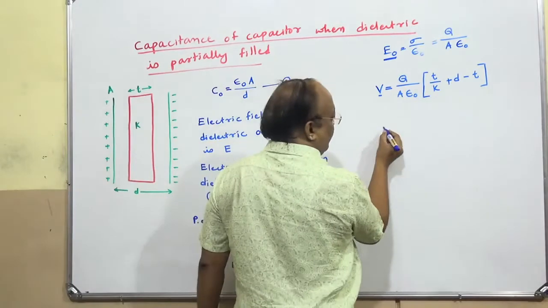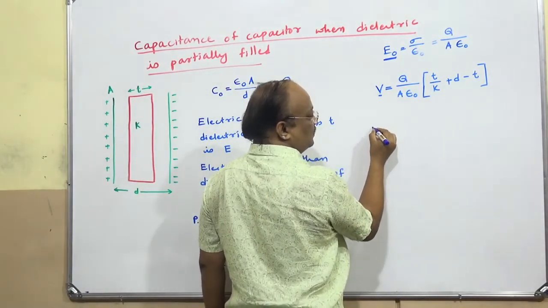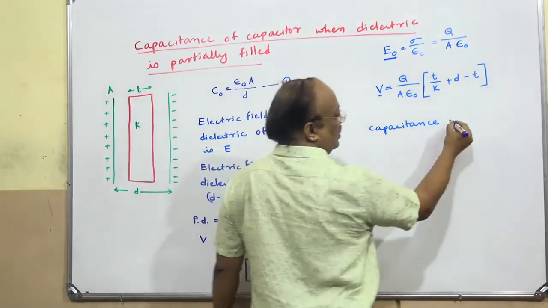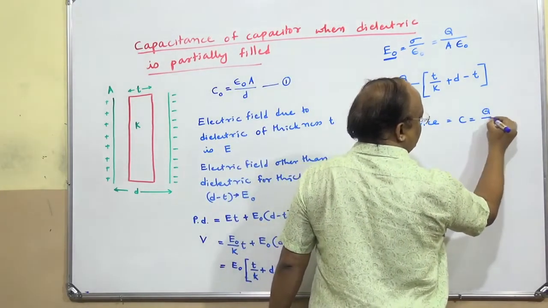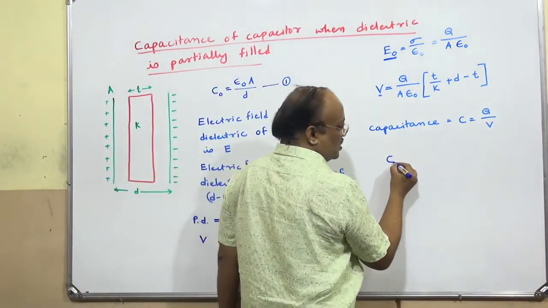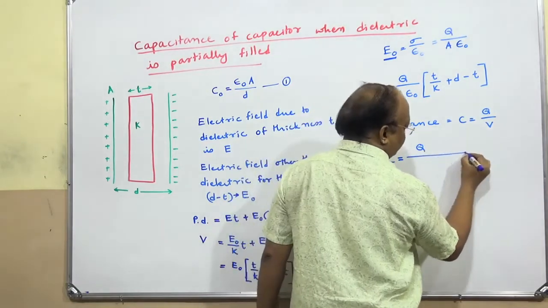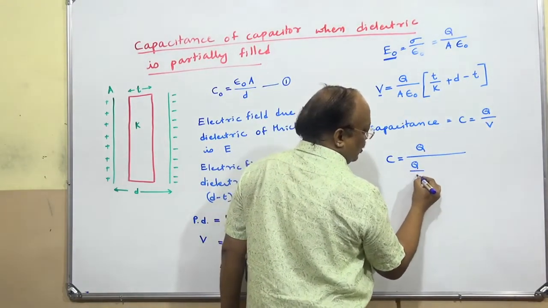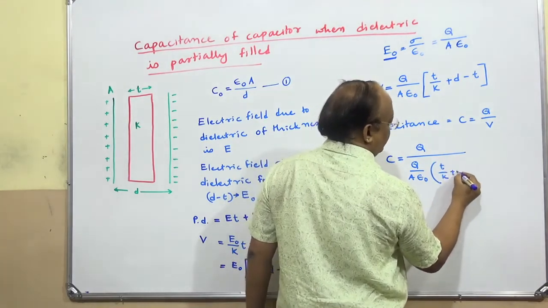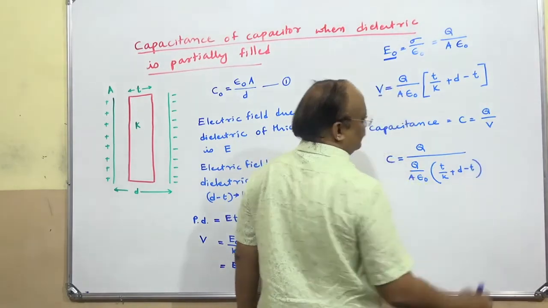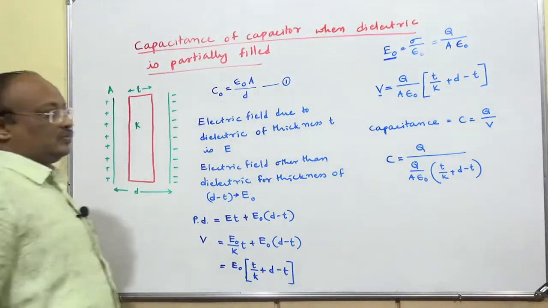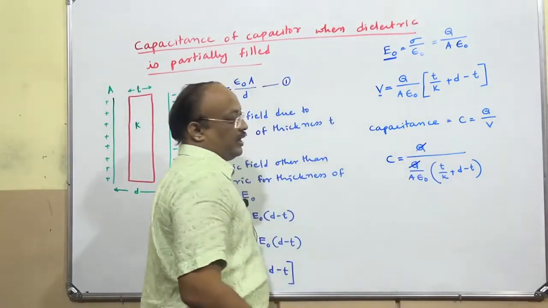Then what is our capacitance? From the definition of capacitance, C is equal to Q by V. So C is equal to Q divided by Q by A epsilon naught into T by K plus D minus T. This Q and this Q cancel.